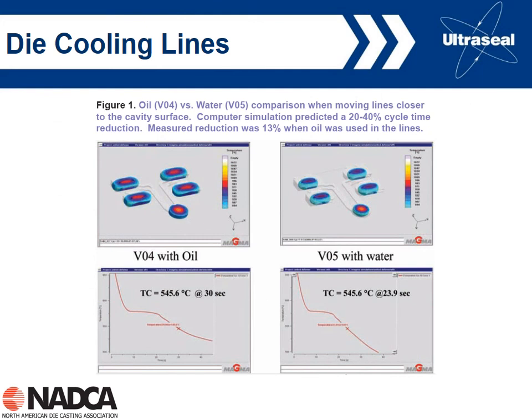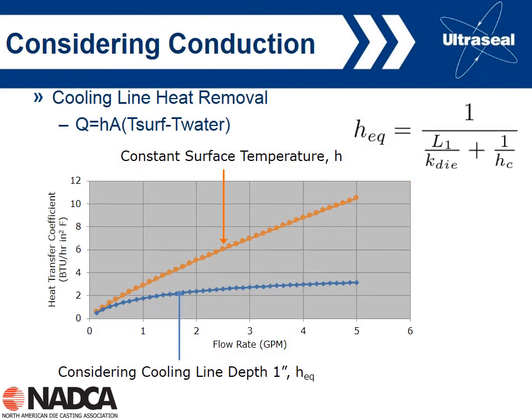Here's an example where we've changed from oil to water, and we were able to move the thermal lines closer to the die surface, and therefore reduce cycle time as well as reduce porosity. Here's another important aspect.